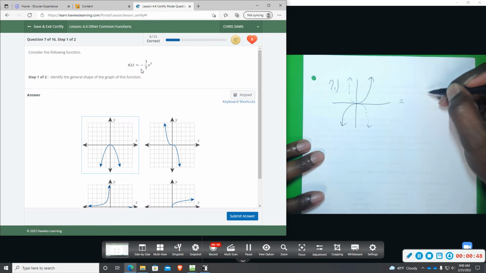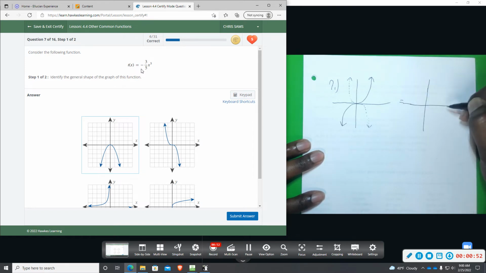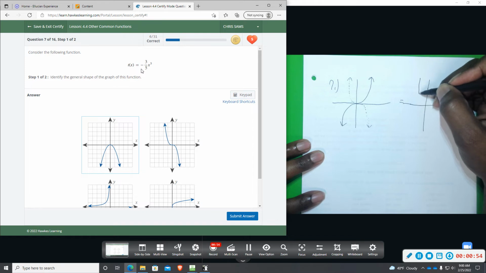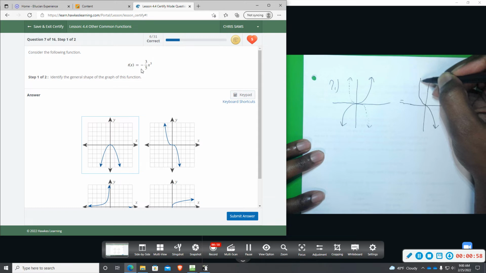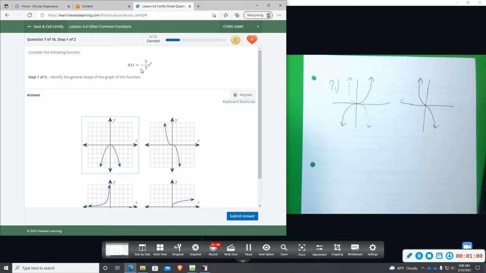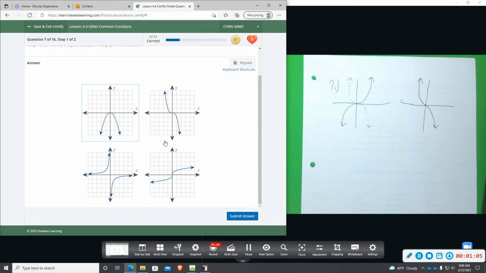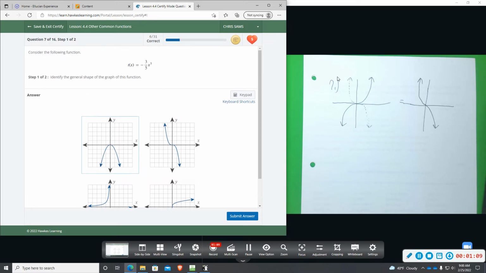So it's really the same general shape, but it's just going to be flipped going the other way. So something similar to that. Because of its negative, instead of going up from left to right, it's going to be going down, and this is the only one that really matches that shape, and that's because of the negative out front.